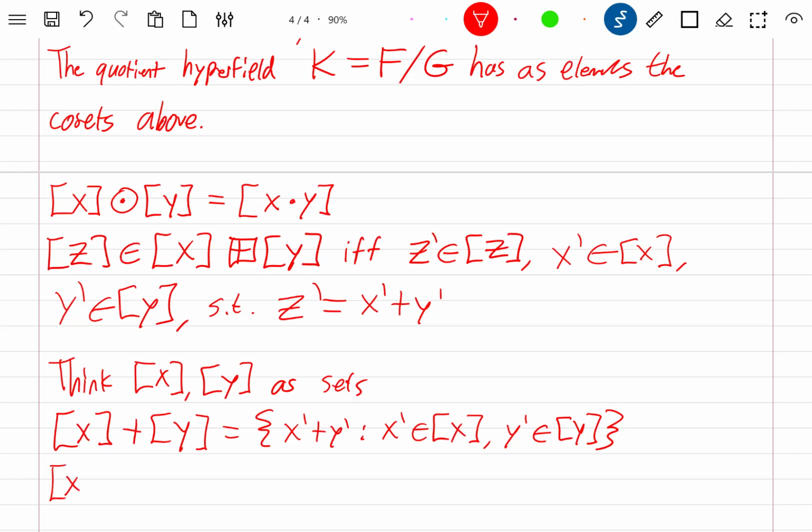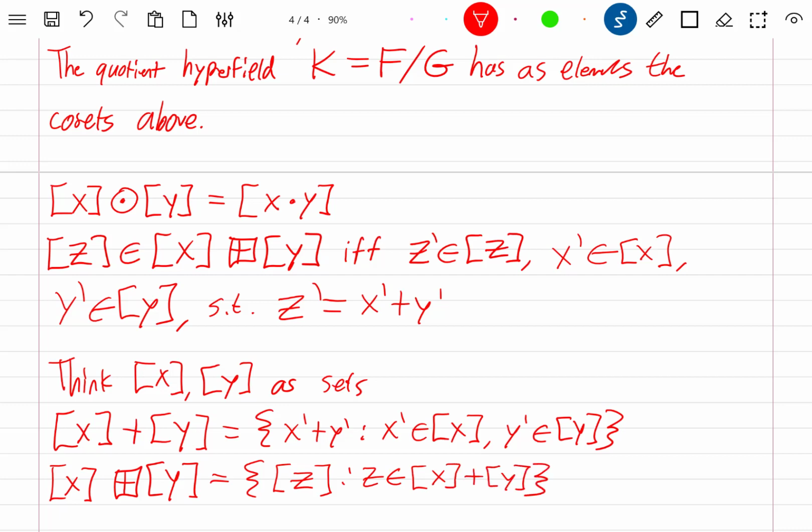Then it's equivalent to say that x plus y will just be the set of equivalence classes z such that z is in this set sum of x plus y.